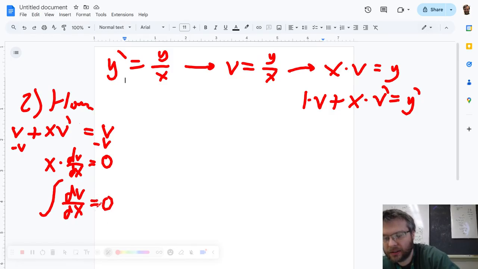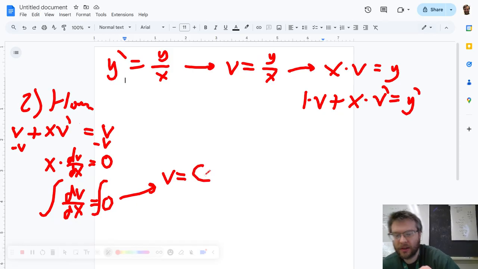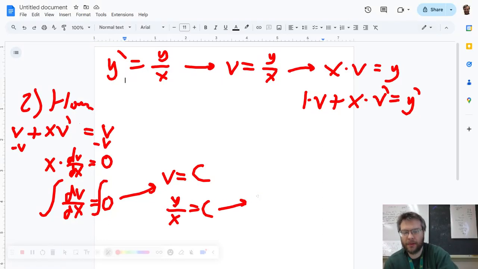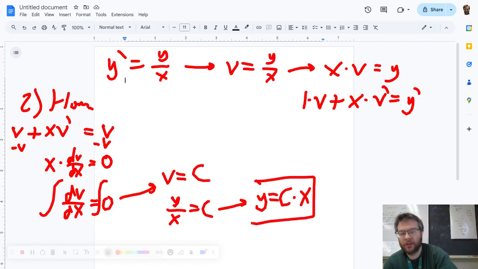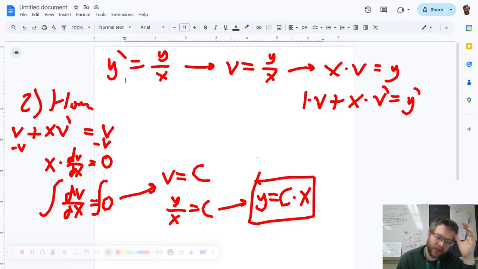If I integrate, I just get that v has to equal some constant, because a constant has a derivative of 0. Then if I remember that v is y over x, we end up with the exact same solution, y equals c times x. In the other one I called it a times x, this time I'm calling it c times x, but it's the same thing. So when we did it the separable way, it worked out, and when we do it the homogeneous way, it also worked out.